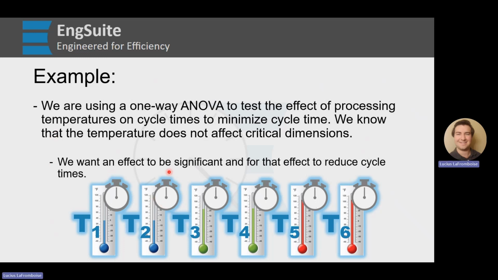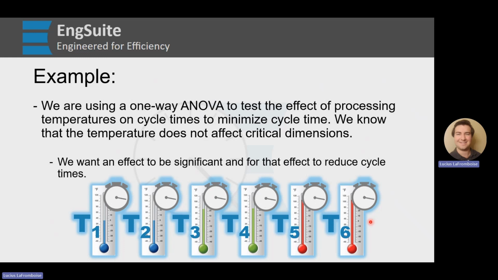So what we want is for the effect of our temperature to be significant on our cycle times so that we can pick the one that reduces our cycle times. Right? So again, this is an example that shows you not good or bad. It depends on your scenario and what you're looking for. In this case, we want to reduce cycle times. So we're hoping that one of the temperatures has a significantly lower cycle time than the others.